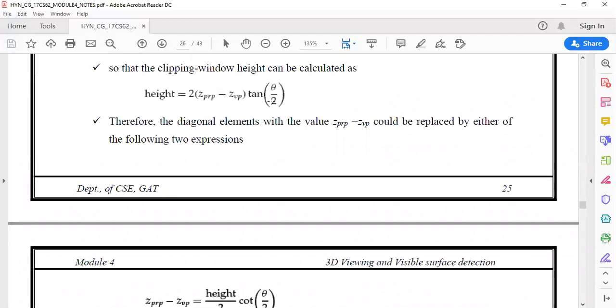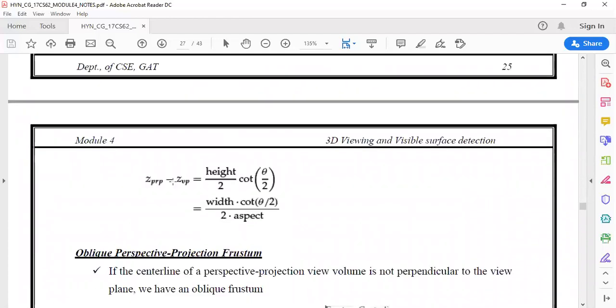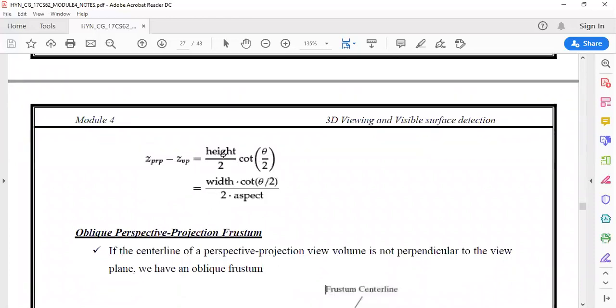We know that the inverse of tan theta is cot theta, so tan inverse of theta by 2 is nothing but cot of theta by 2. So zprp minus zvp will be equal to height by 2 into cot of theta by 2.